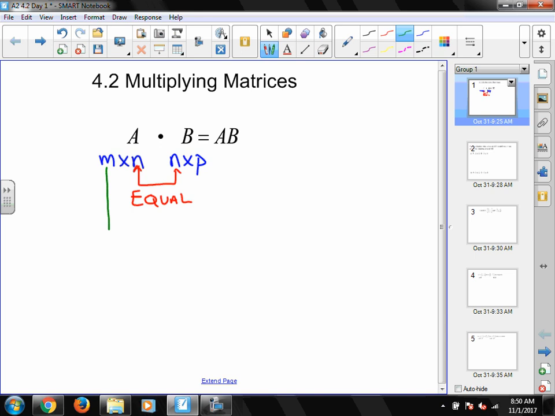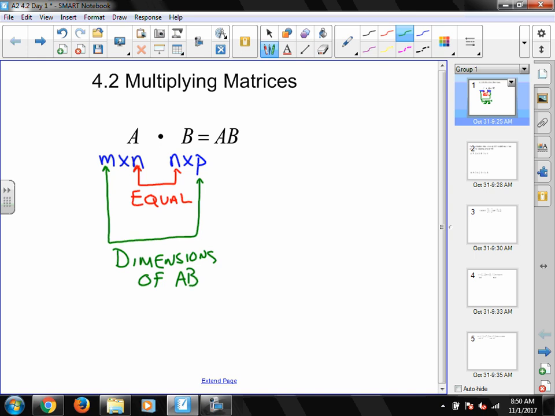If they are equal, the outside numbers are going to give you your dimensions of AB, that matrix that you're going to get when you multiply.